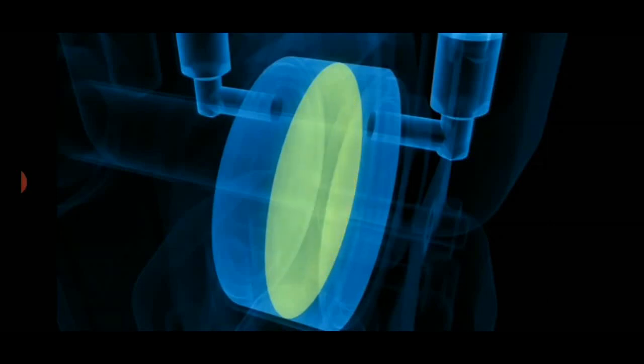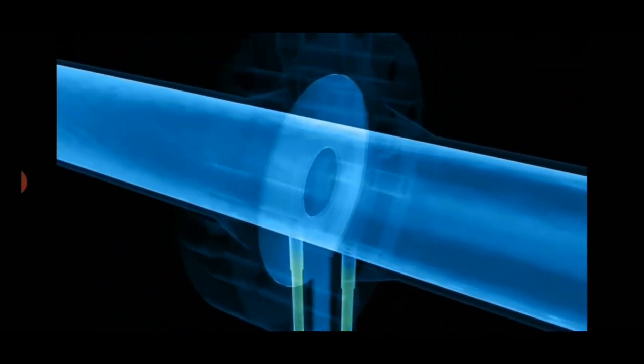So one point for measurement is before the orifice plate and another point is after the orifice plate in the flow line.